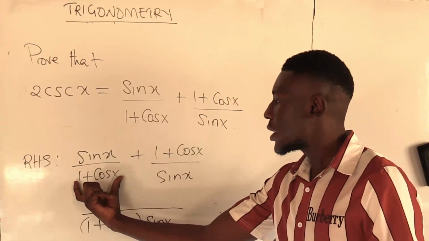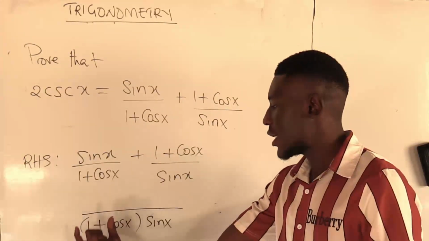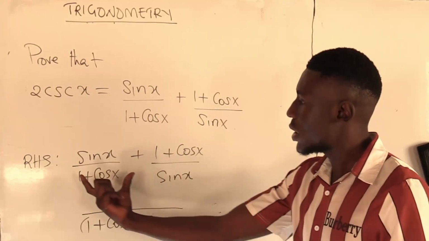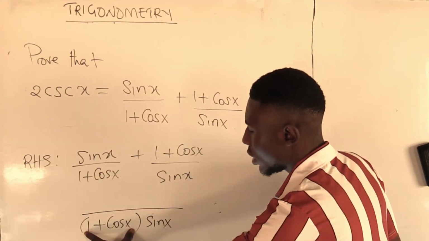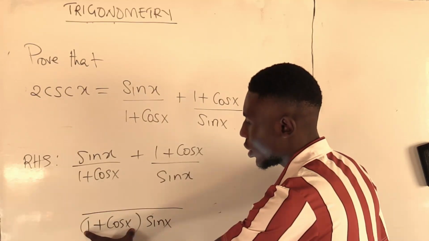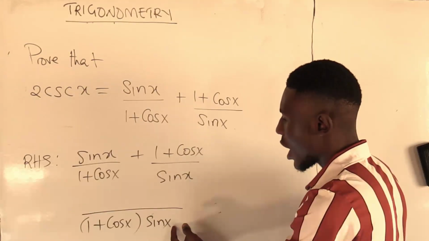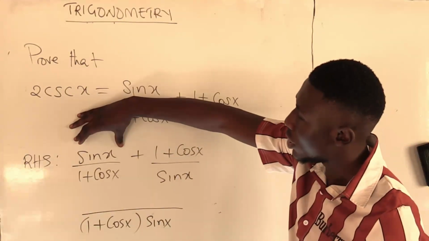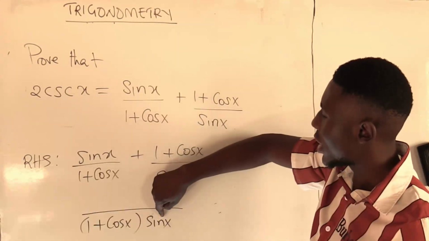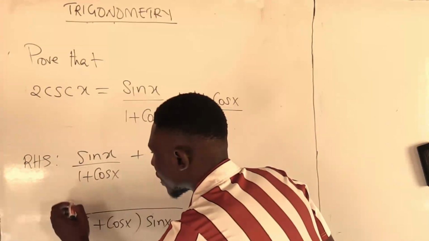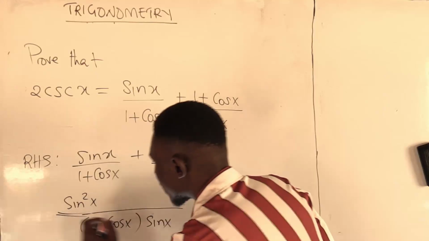We divide this denominator, 1 plus cos x, into this. It will cancel, and we'll be left with sin x. This sin x will be multiplied with the numerator, so we have sin x times sin x, and our result is sin squared x.